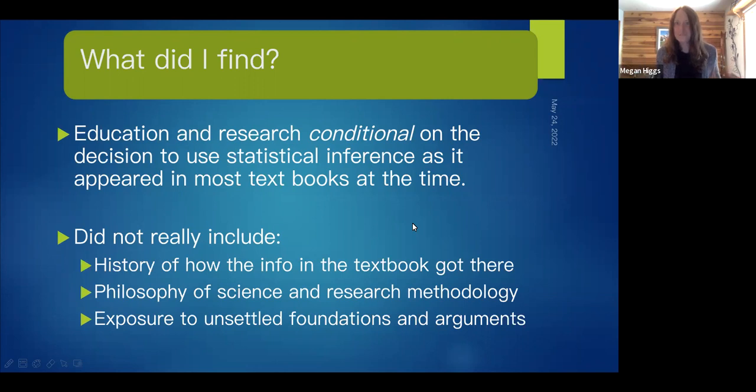You go into a class and this is where we start: with whatever's in the textbook. There's very little discussion about how that information got there, how we ended up with what was in the textbook. It makes it seem like there was no other way things could have worked out, like it was inevitable, which I don't think is the case.